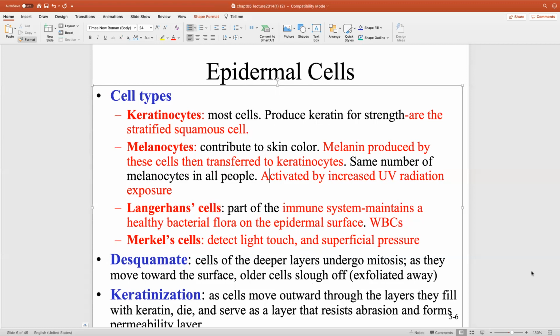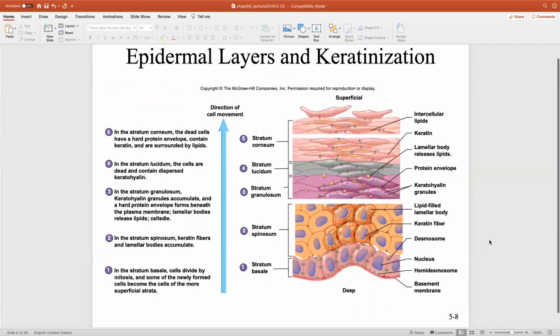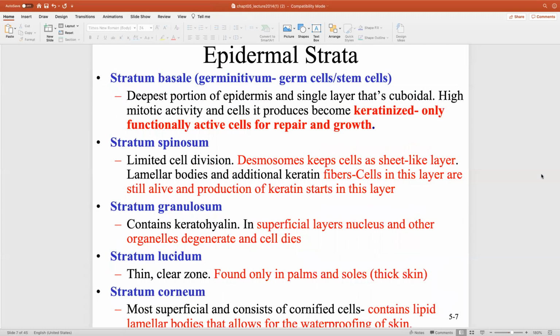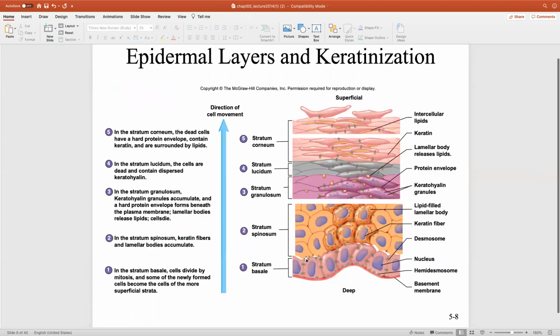What do we mean? So let's take a look right here and we'll discuss desquamation. I'm going to discuss this slide because it's easier to discuss this as we're going through a picture. So this is a superficial layer closest to the environment. This is the deeper layer close to the dermis underneath.